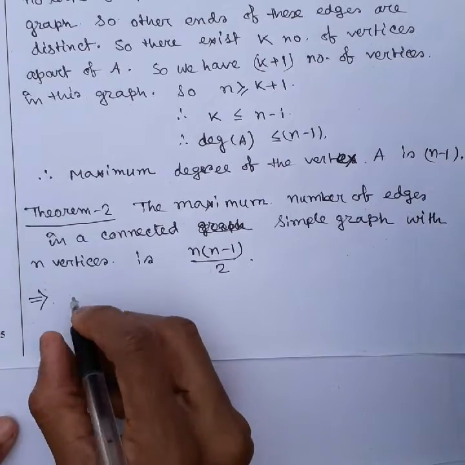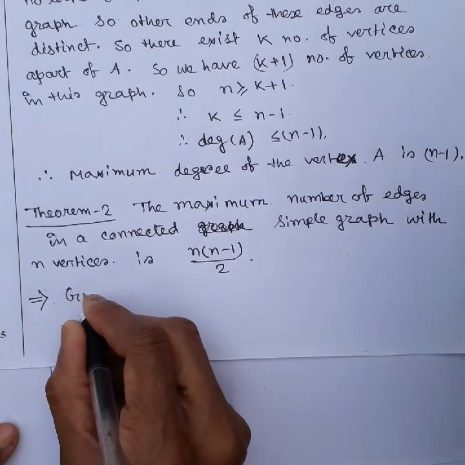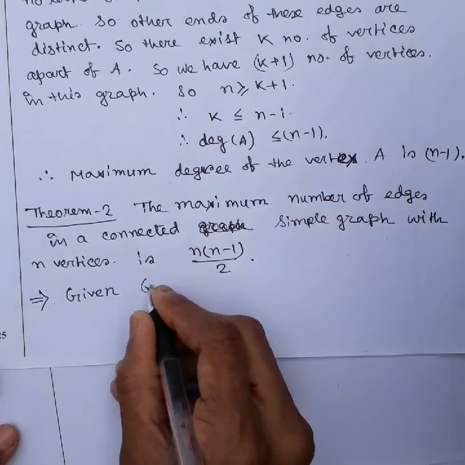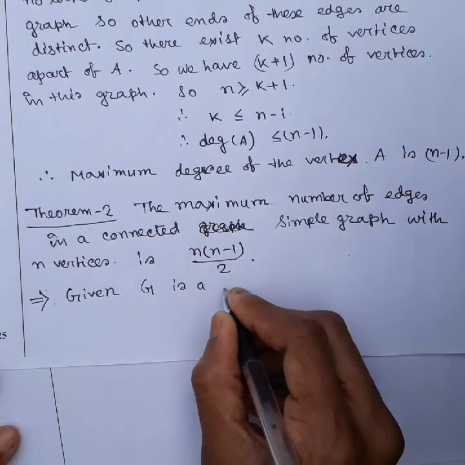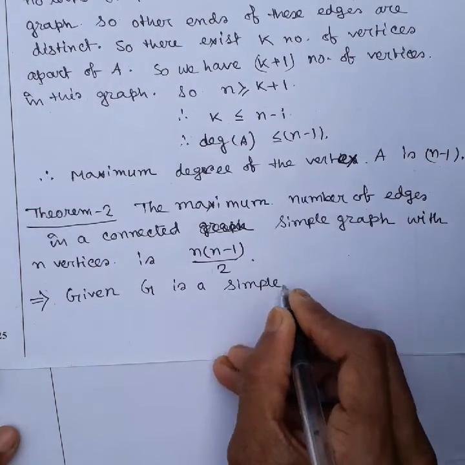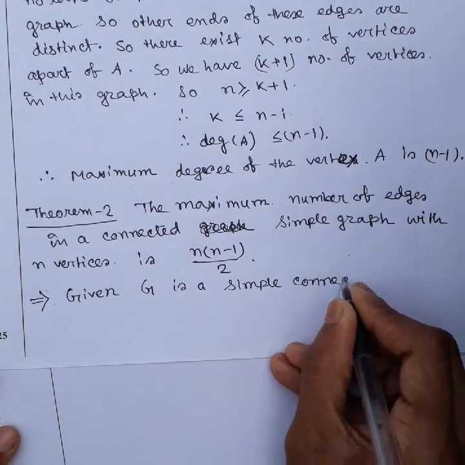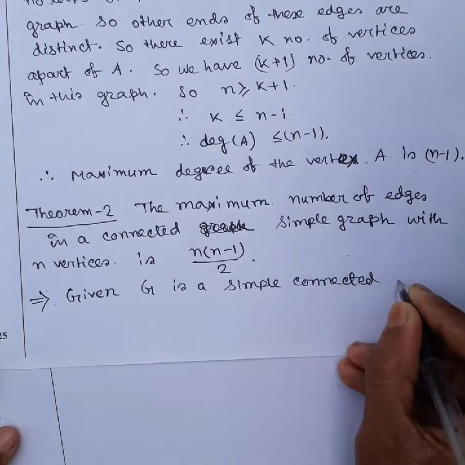Here it is given that capital G is a simple connected graph.